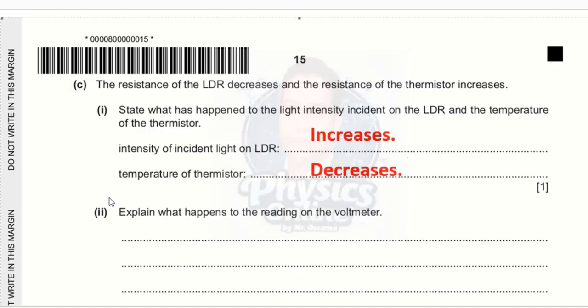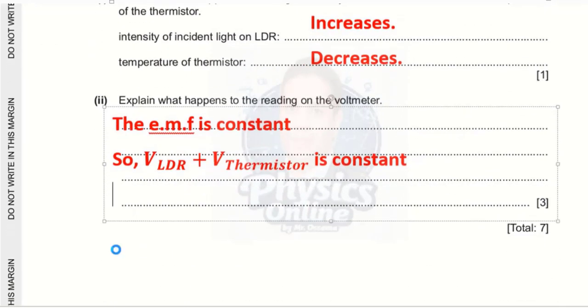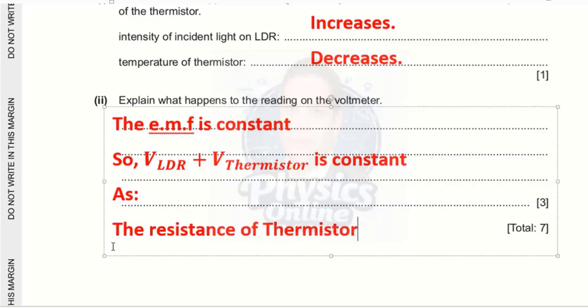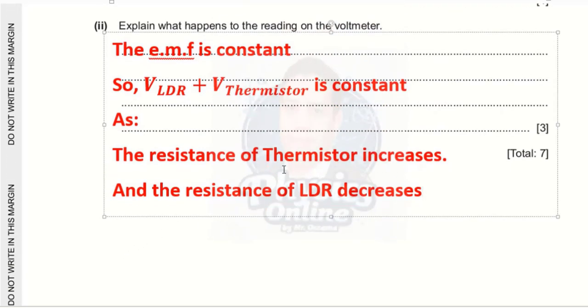Explain what happened to the reading on the voltmeter. What happened here? First, we know that the EMF is constant, so V of LDR plus V of thermistor is also always constant. The resistance of the thermistor increases and the resistance of the LDR decreases. So the potential difference is directly proportional to the resistance.